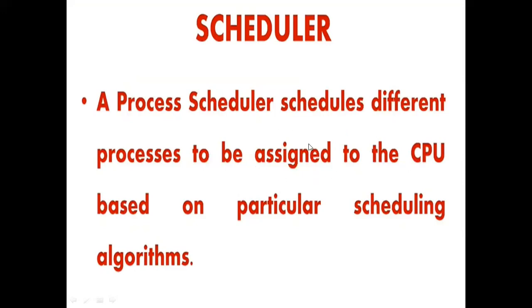This assigning activity will be based on particular scheduling algorithms. So this is the task of the process scheduler. The process scheduler will assign some processes to the processor, that is the CPU, based on the scheduling algorithm.